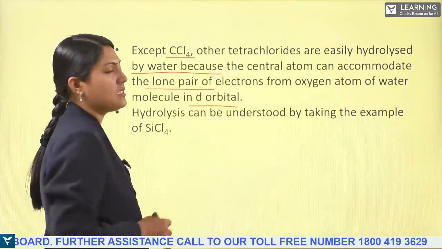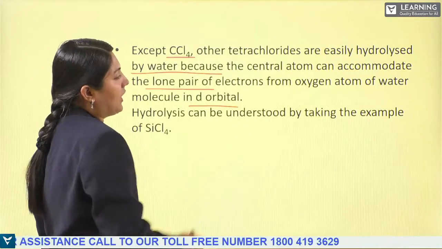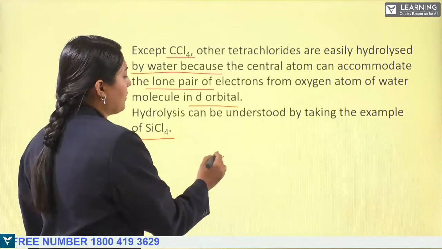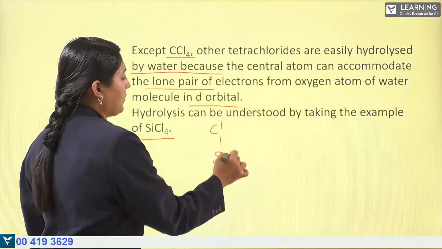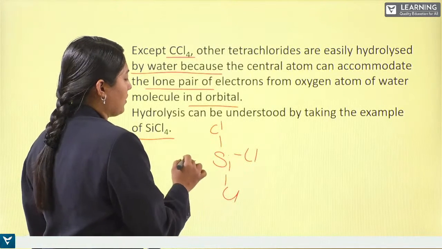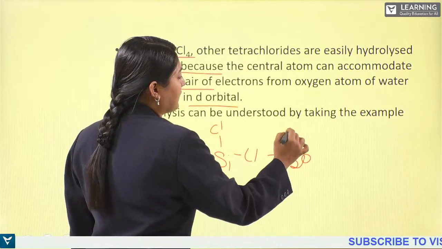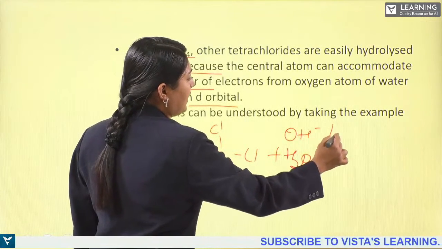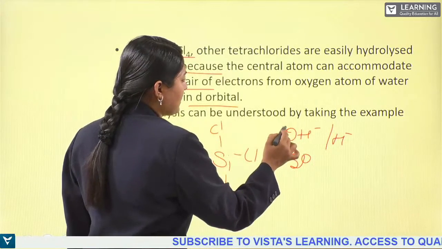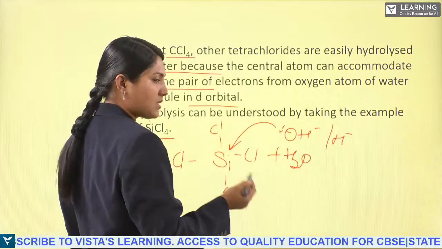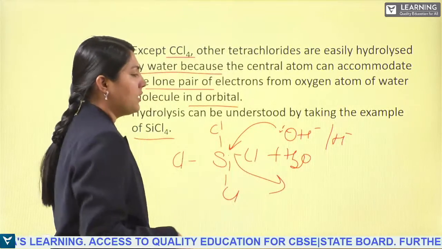Hydrolysis can be understood by taking the example of silicon tetrachloride. What happens? You will have silicon tetrachloride. When it reacts with water, water contains OH minus and H plus ions, right? The electrons present in oxygen can easily be attracted by silicon, and chlorine can be removed.